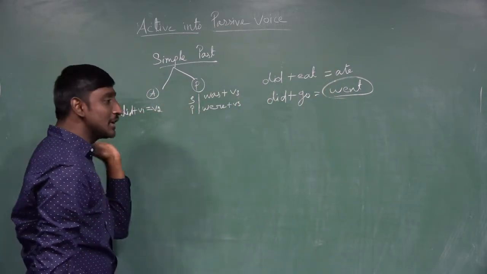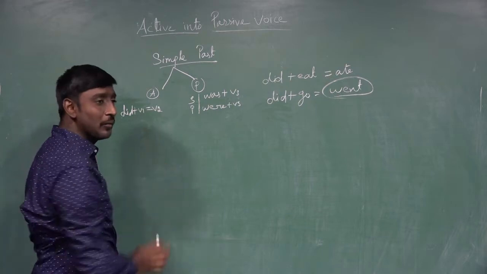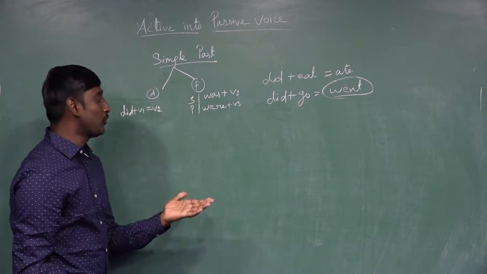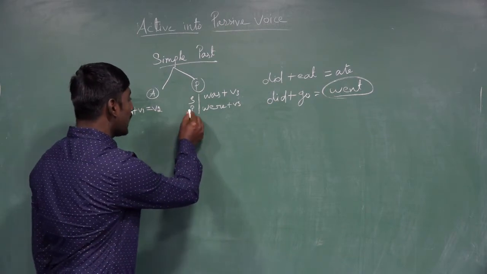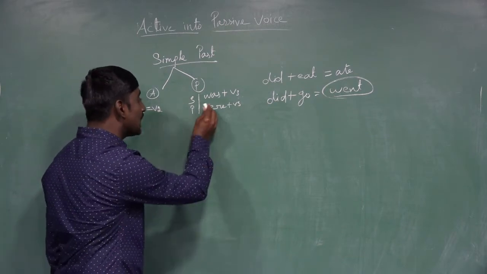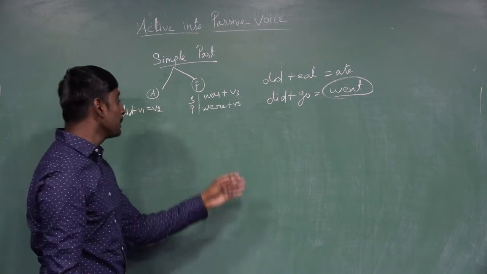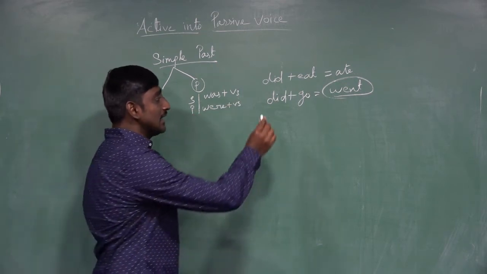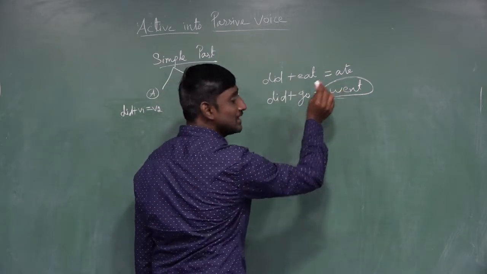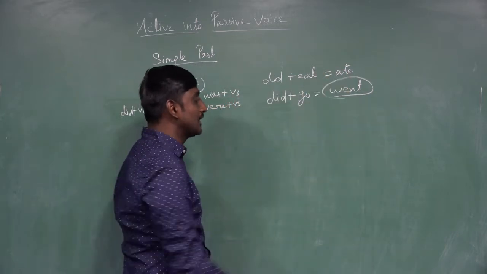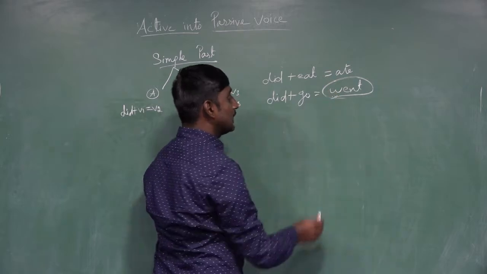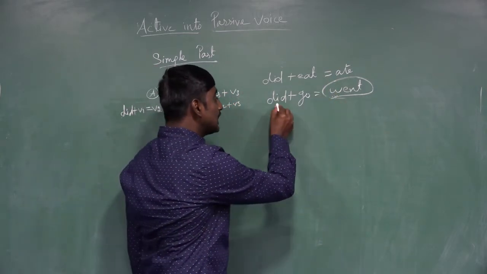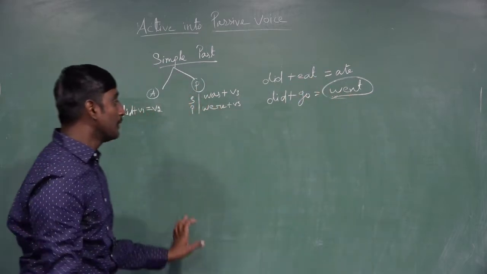So the auxiliary required is did plus V1, and the verb V1 turns to the V2 form. In the passive voice, if the subject is singular, was plus V3 form, and plural, were plus V3 form. So next, went. What is the auxiliary hiding in this word? Did plus go is went.